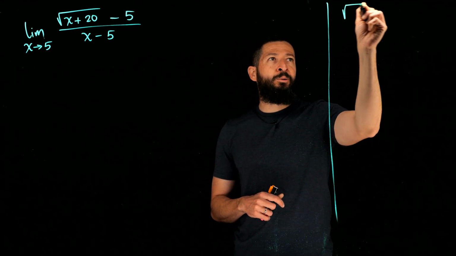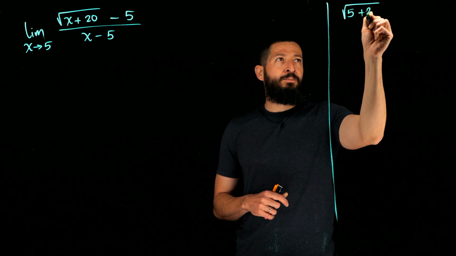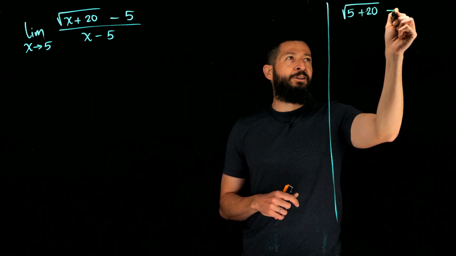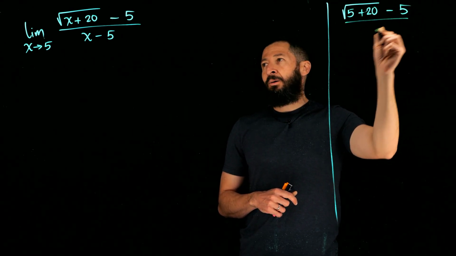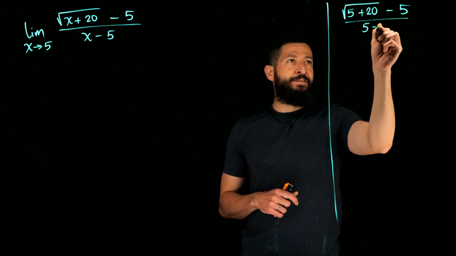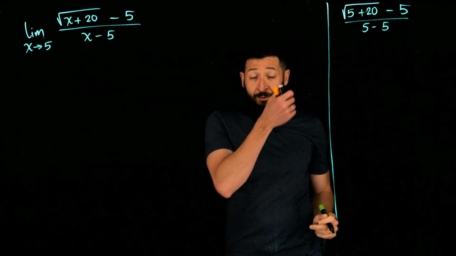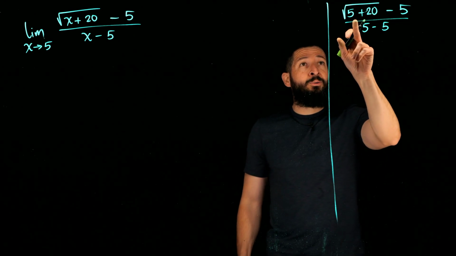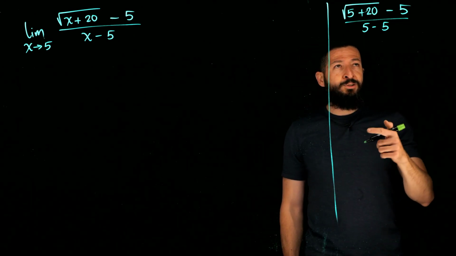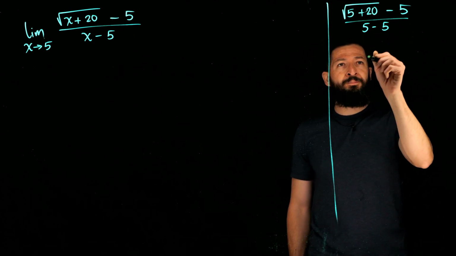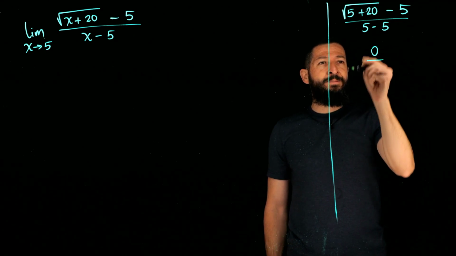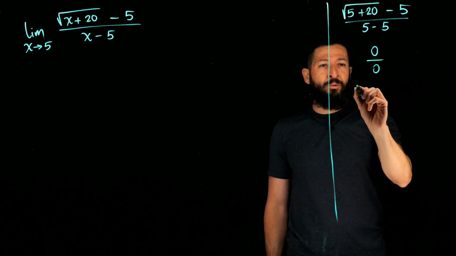So we did the square root of 5 plus 20 minus 5, all over 5 minus 5. And then we did the square root of 25, which was 5, minus 5, 0, over 5 minus 5, 0, and we said we want to factor.